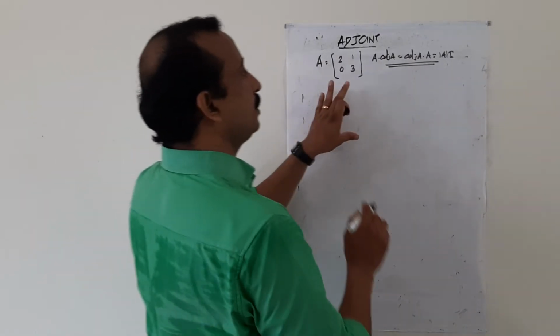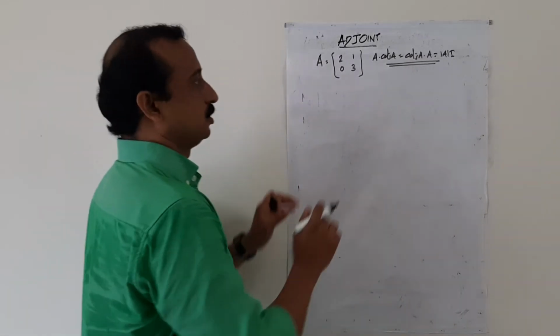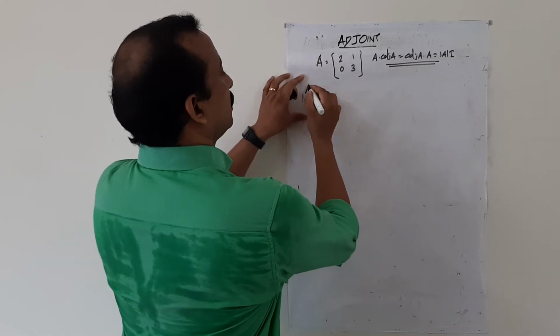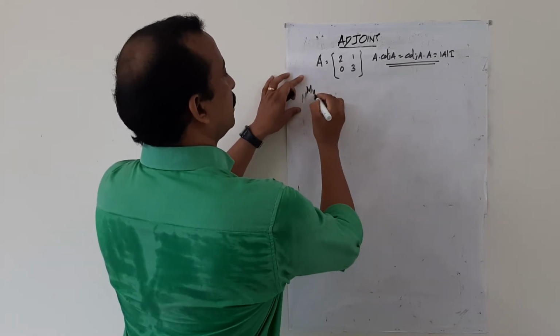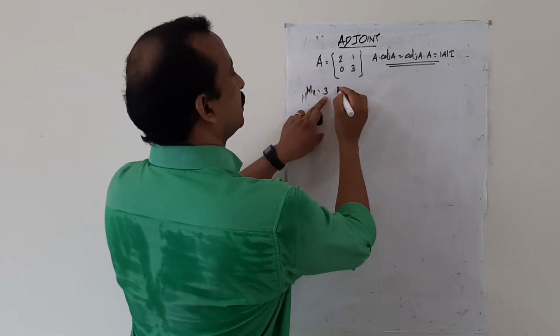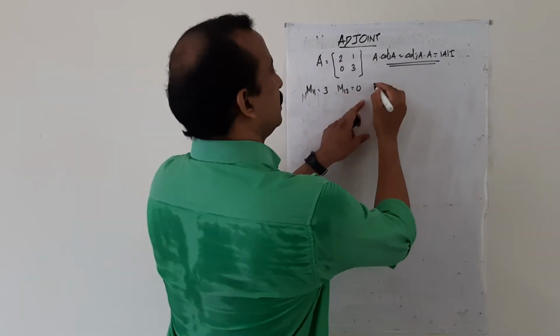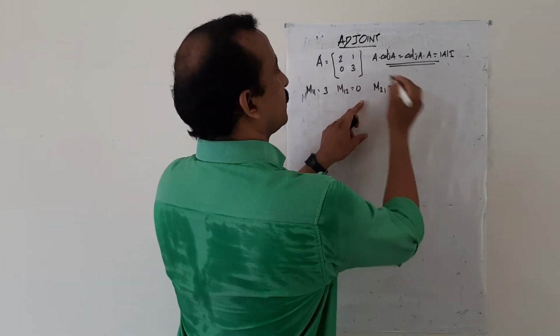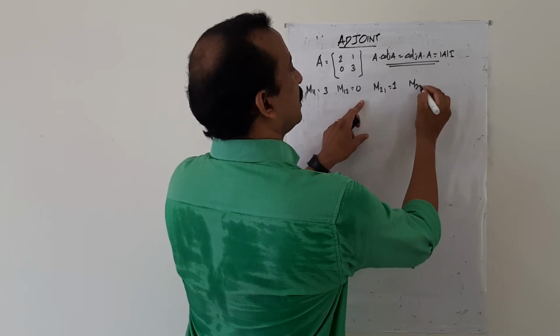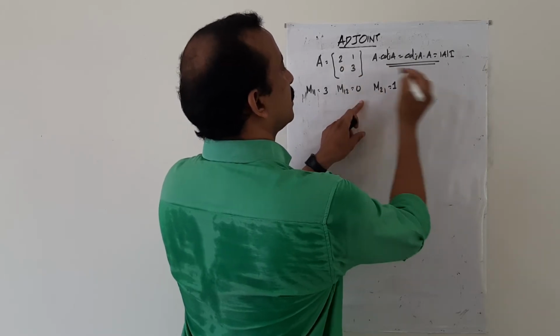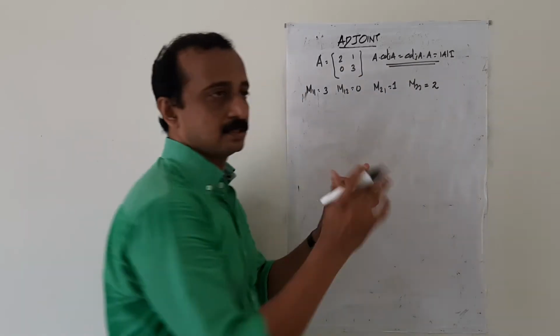Okay, how to find it? First of all, you find the adjoint. The minor M11 corresponds to 3. M12, first row, second column, is 0. Then M21, second row, first column, delete, gives 1, and last M22, second row, second column, delete, we get 2. That's our minor.